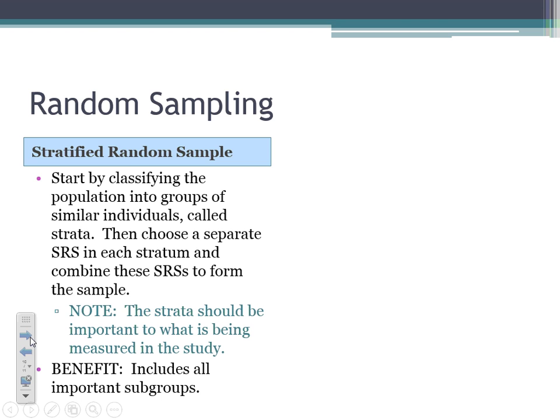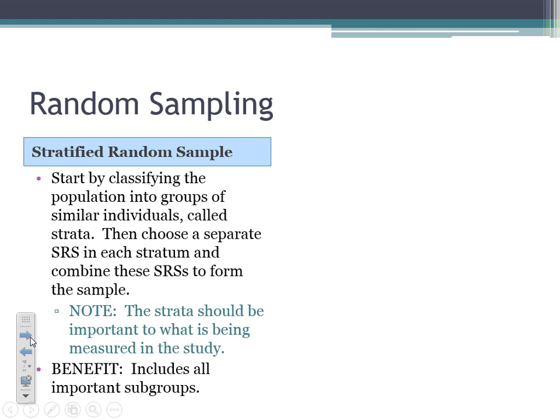So we would have our freshmen in one group, our sophomores in one group, our juniors in one group, and our seniors in one group. We would select maybe 25 individuals at random, using an SRS, from within each of those four strata, and then combine those together to make our group as a whole.